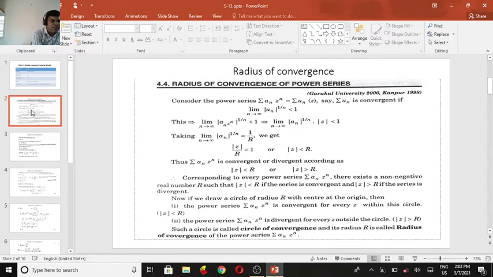Say the limit as n tends to infinity of |a_n|^(1/n) times the absolute value of z is less than 1.